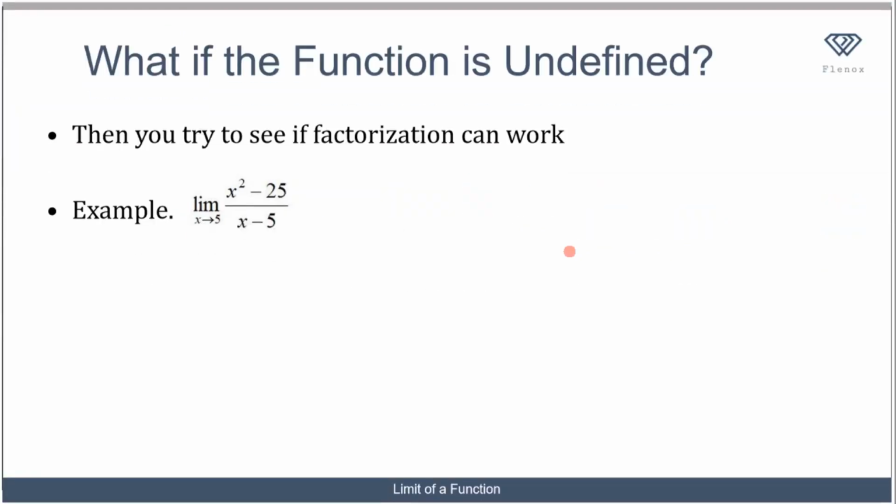Now, there are some special cases in which, when we substitute the value of x into the expression, the result we get is undefined. So what if the function is undefined? How do we deal with it? We'll try to see if factorization can help with the simplification. To illustrate that, let's take a look at this example. I'm told to find the limit of this function as x tends to 5.